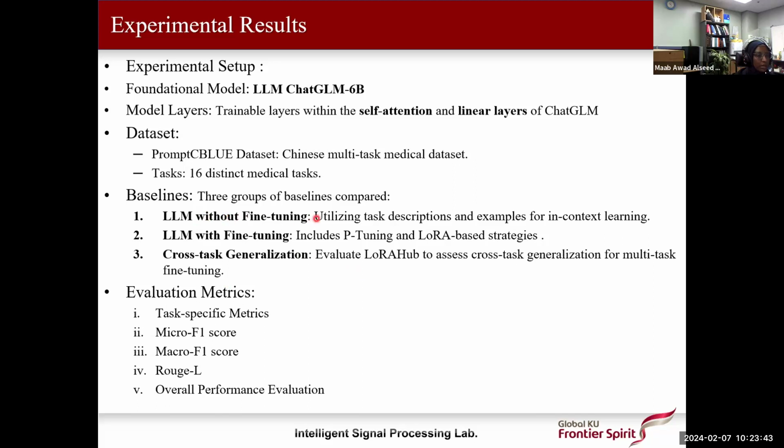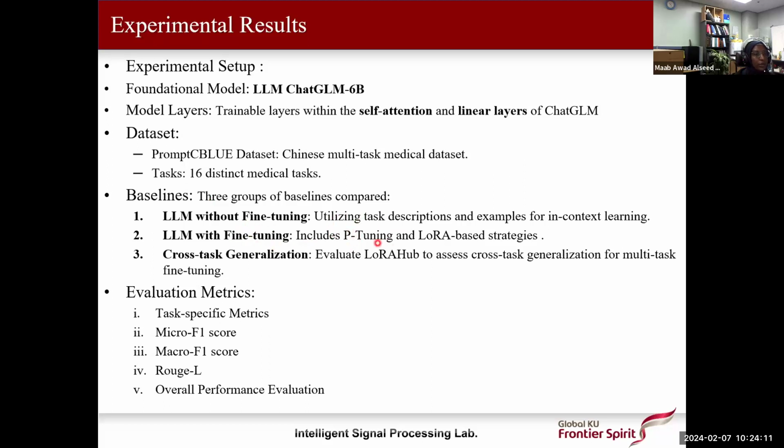To compare with other baselines, they compare it with large language models without fine-tuning, like ChatGPT. But as it is without fine-tuning, they use some task descriptions and in-context examples in the prompt. They also compare it to large language models with fine-tuning, using different fine-tuning strategies.